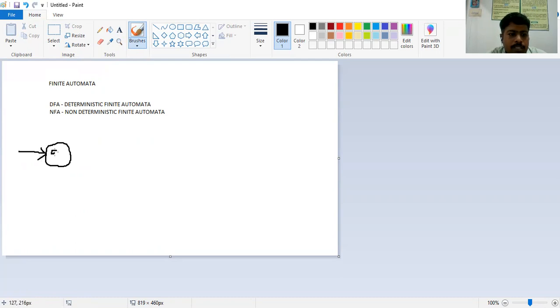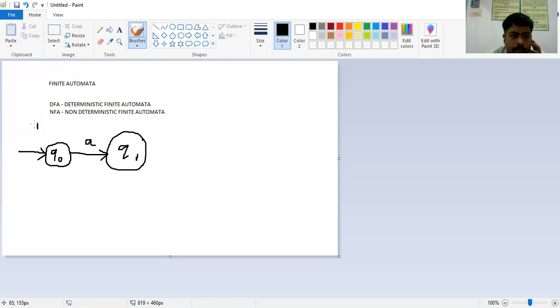I represent Q0 as my start state, and I also have one more state, Q1. From one state to another state, it takes only one input symbol. That is called DFA.